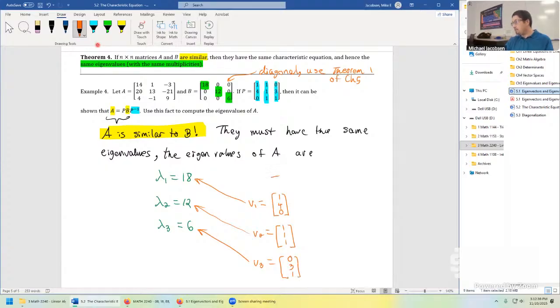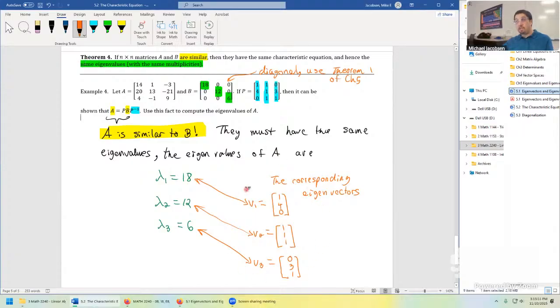These are the corresponding eigenvectors. That order is really important. 18 was the first eigenvalue, so the very first column, 1, 4, 0, gave us the first corresponding eigenvector of the matrix A.